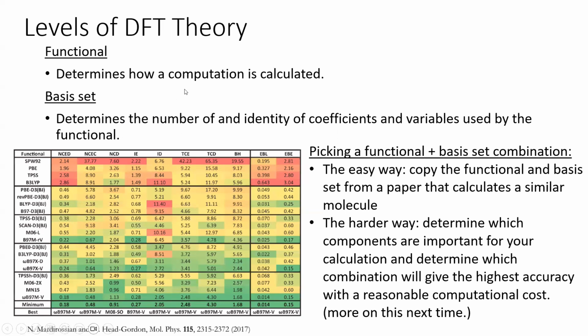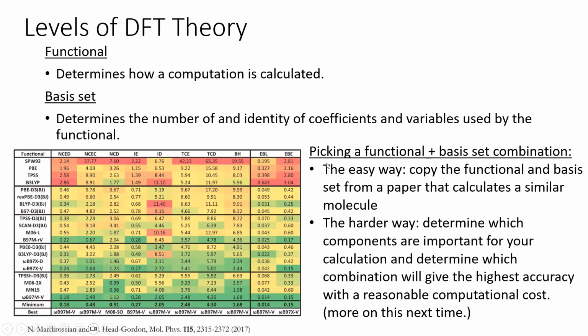But you want to have as high of a functional and basis set level of accuracy as you can get while having a reasonable computation time. So the more accurate these are, the more time it'll take to do the calculations.